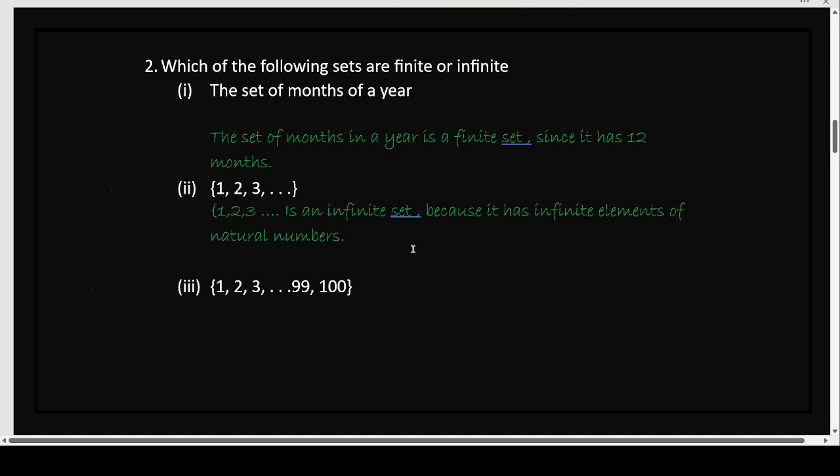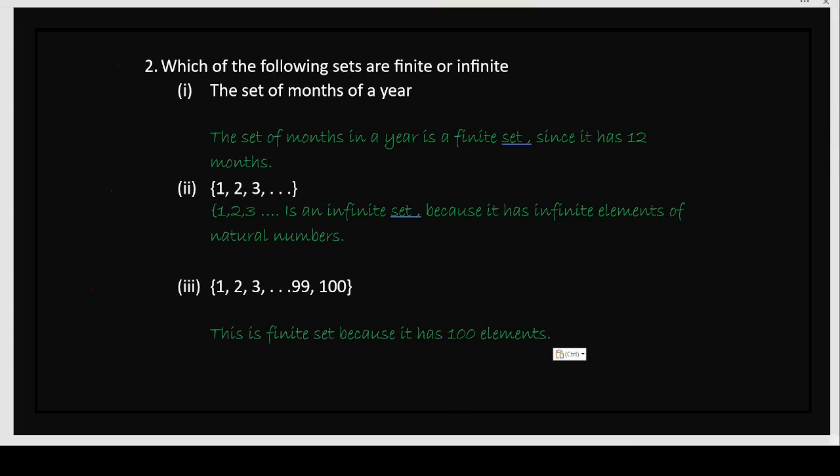The next problem has elements 1, 2, 3 up to 99 and 100. Clearly, the elements are limited to 100, the natural numbers from 1 to 100. So this is a finite set because it has 100 elements.